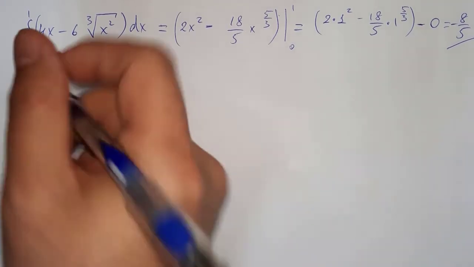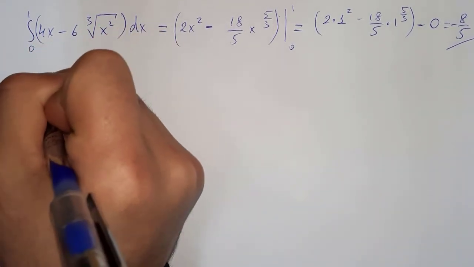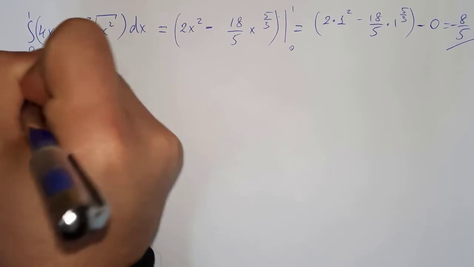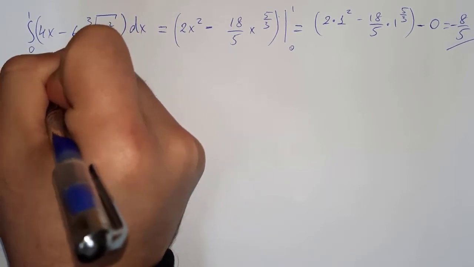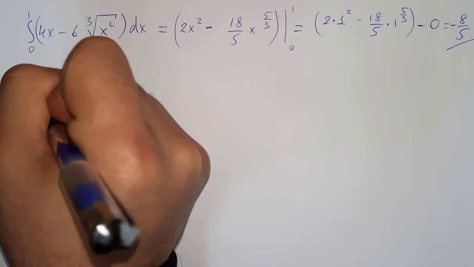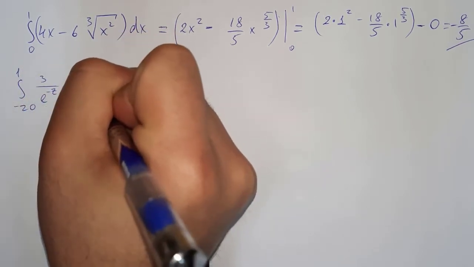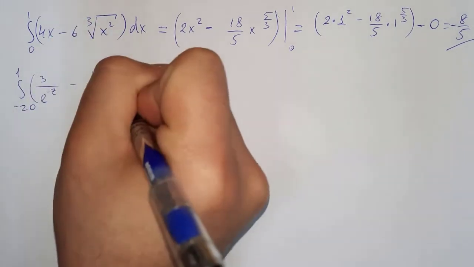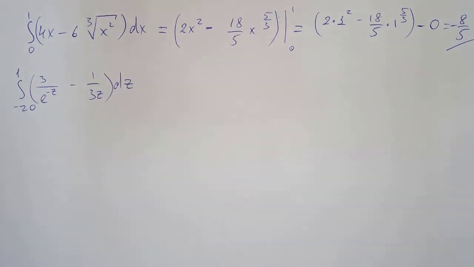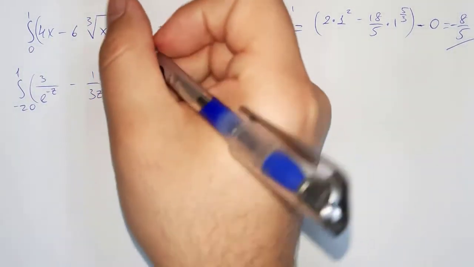And let's move to the next example. Integral from minus 20 to minus 1 of (3 over e to the power of minus z minus 1 over 3z) dz.